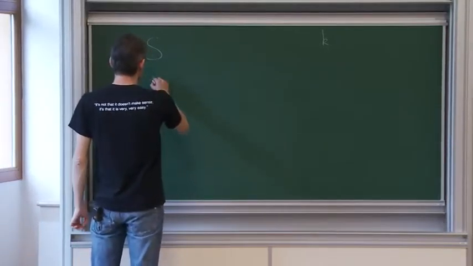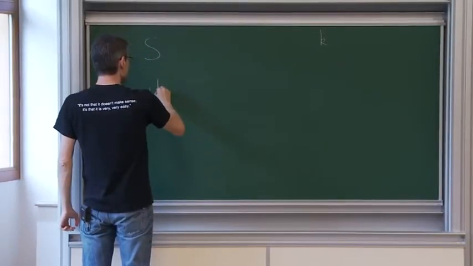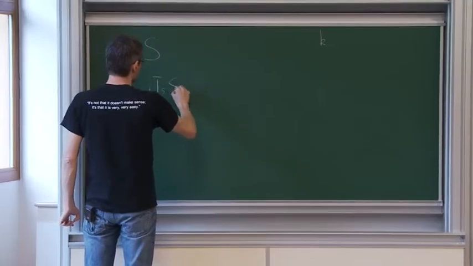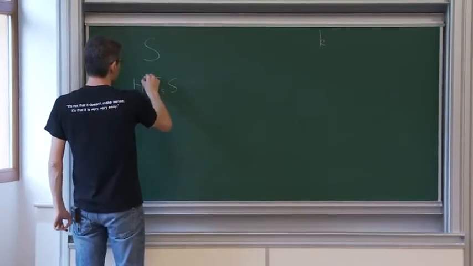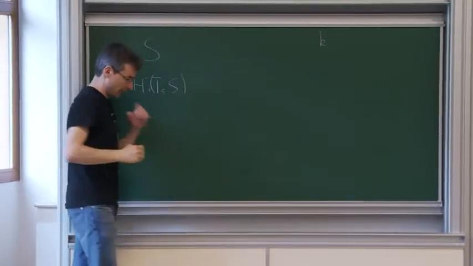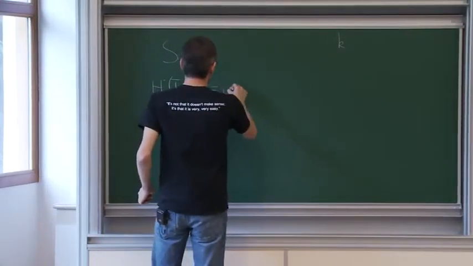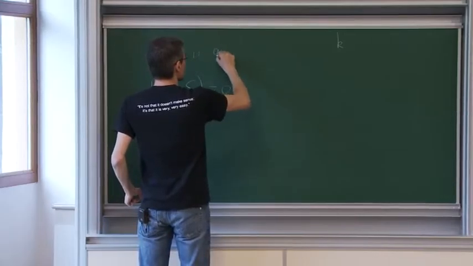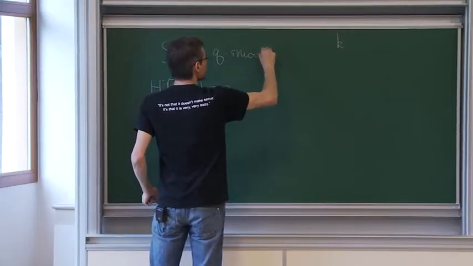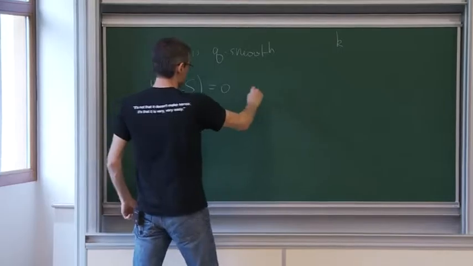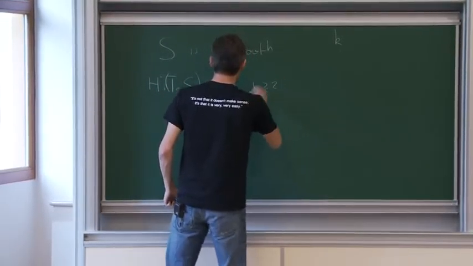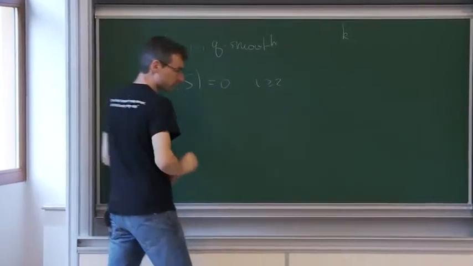What it meant is that if we take its tangent fibers, they will live normally in non-negative cohomological degrees, and we want these cohomologies to be 0 for i greater than 2.